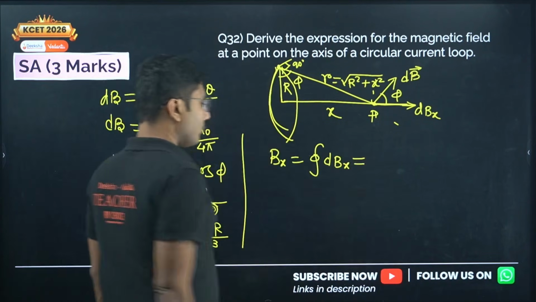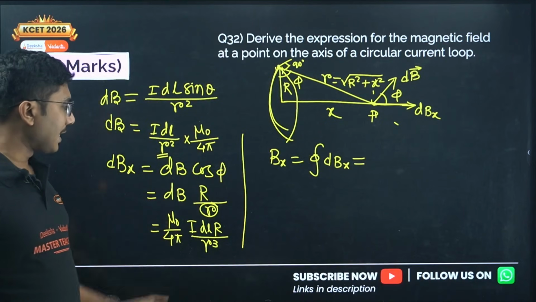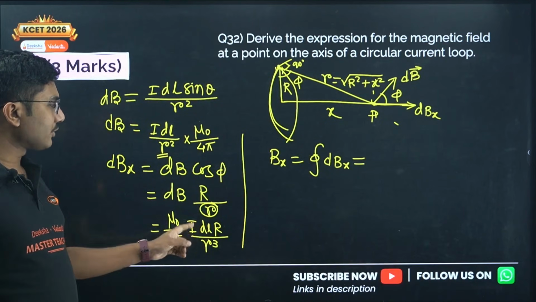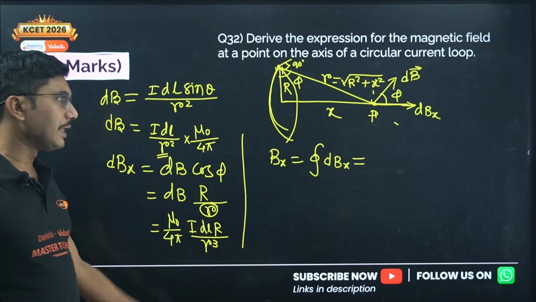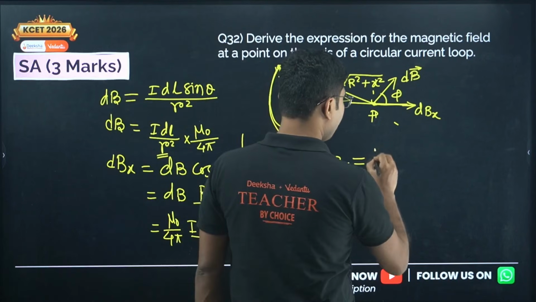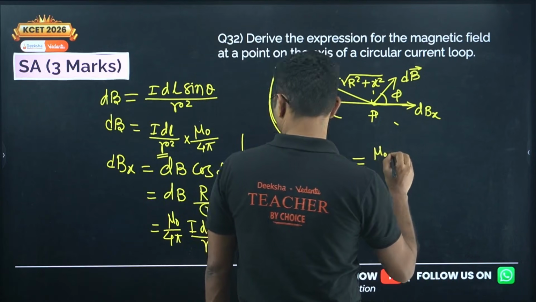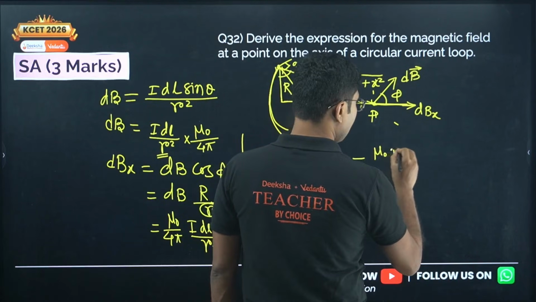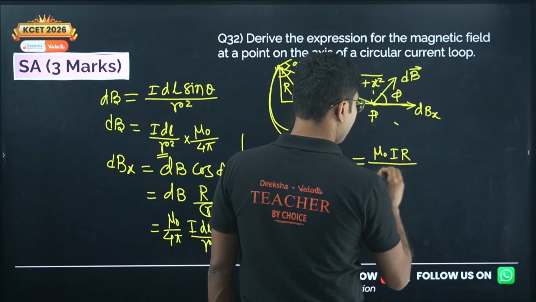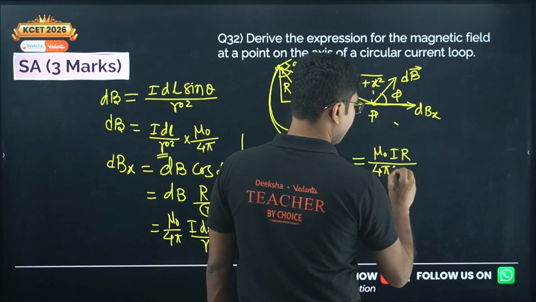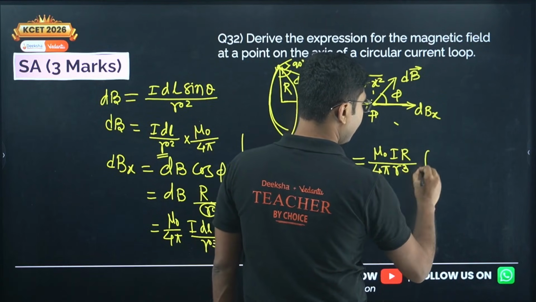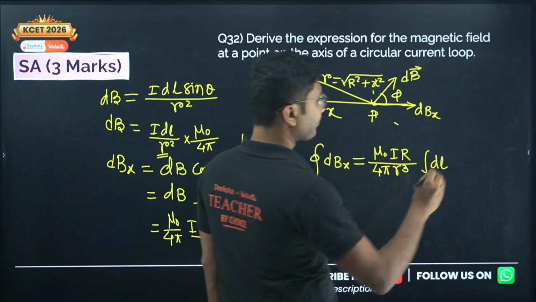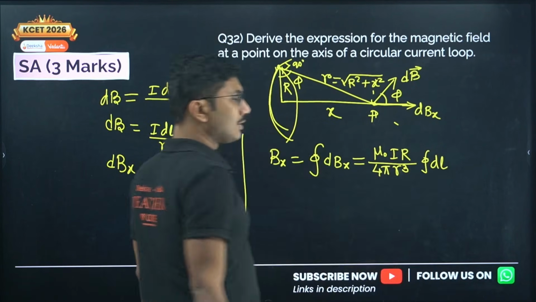Now when you are doing a closed integration, mu naught by 4 pi, I, r, r cube, everything is constant except this small dl. So that will be the only thing left: mu naught I r by 4 pi small r cube, closed integration dl. Now what is closed integration dl?